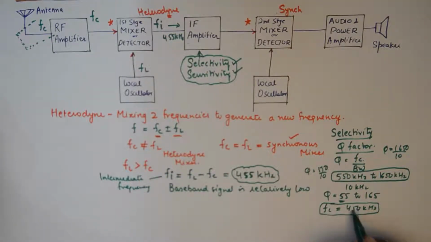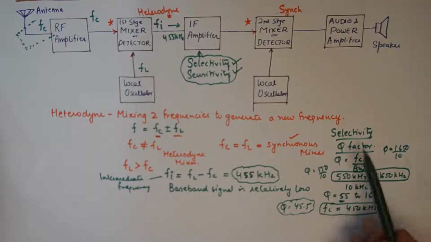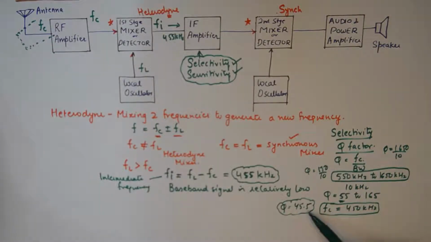Once we keep this as a fixed value, the Q factor will not change, and the Q factor will remain optimum at 45.5. And the performance of selectivity for a Q factor of 45, or as a matter of fact for a Q factor in the range of 50 to 60, is at its peak.